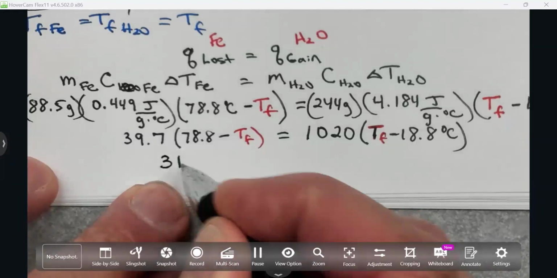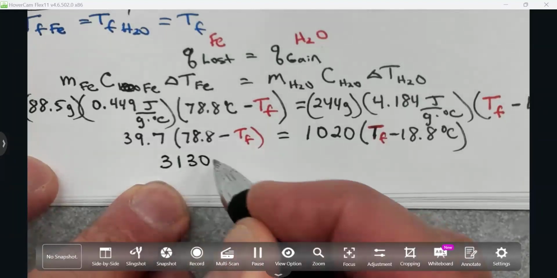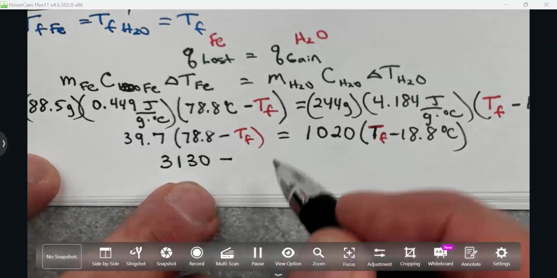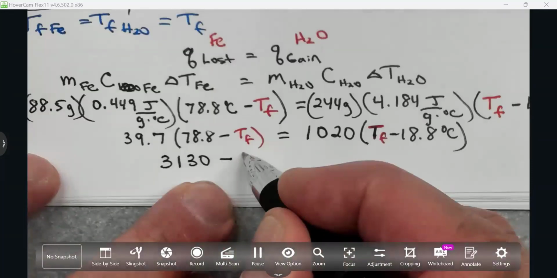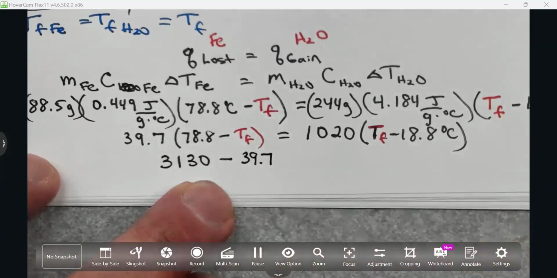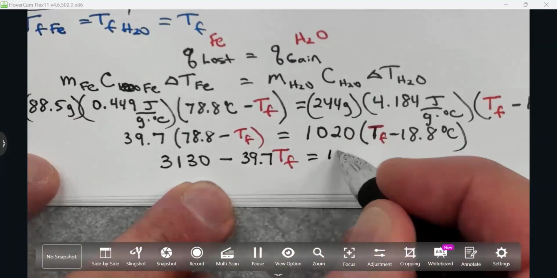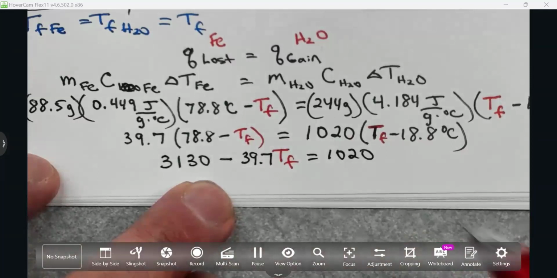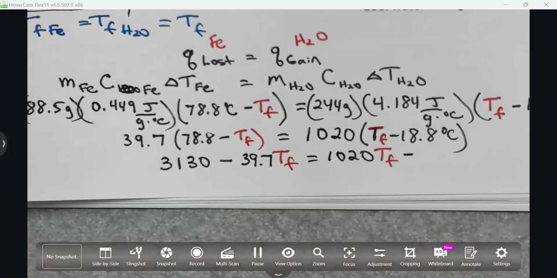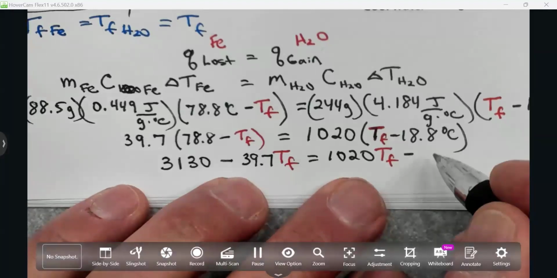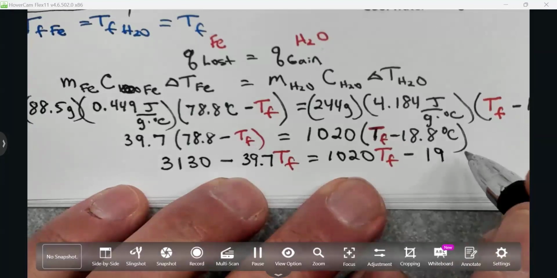This is 3130 minus 39.7 T final equals 1020 T final minus 19,200.